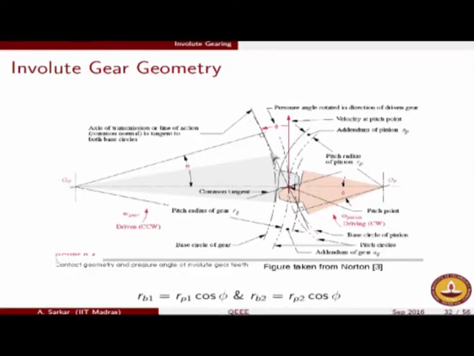The force transmission occurs along this line, whereas if you think in terms of friction discs and pitch circles, the force transmission which results in a torque is along this vertical direction. The angle between these two is called the pressure angle. So pressure angle is the angle between the common tangent to the pitch circles and the common internal tangent to the base circles.